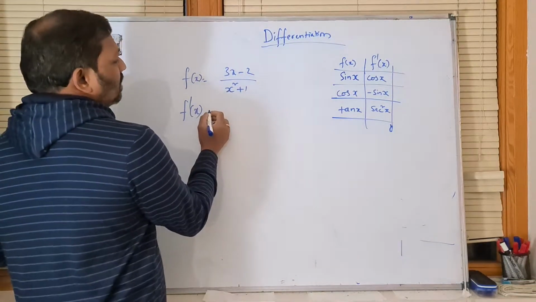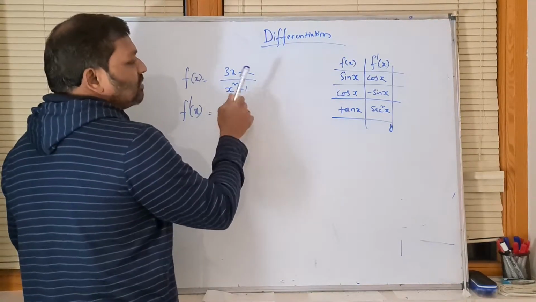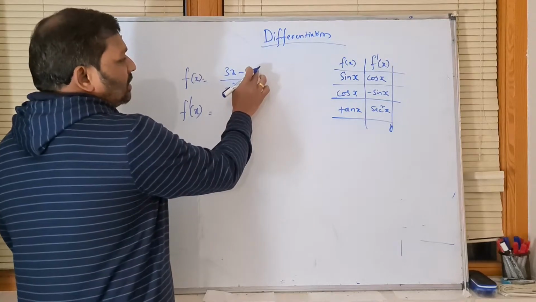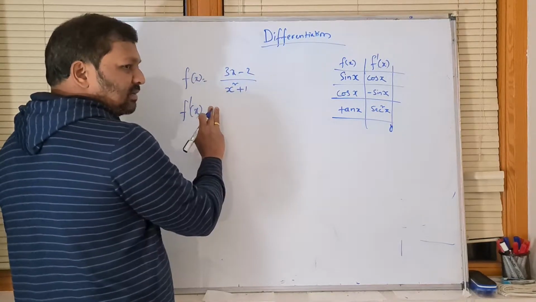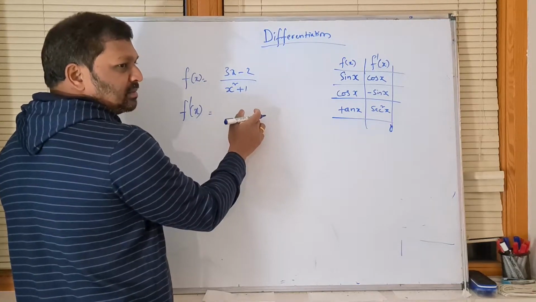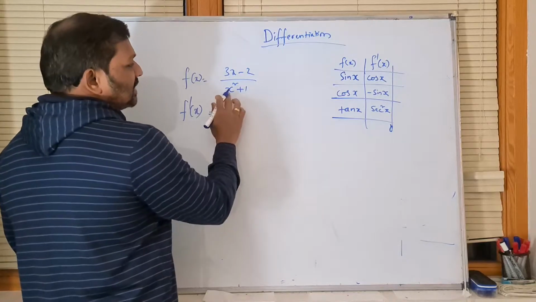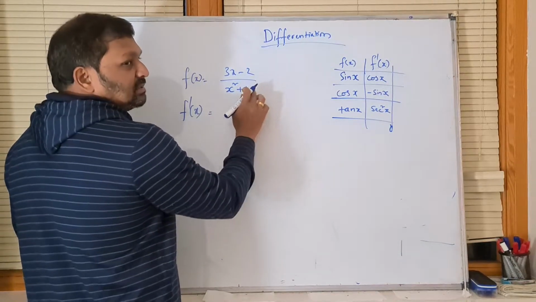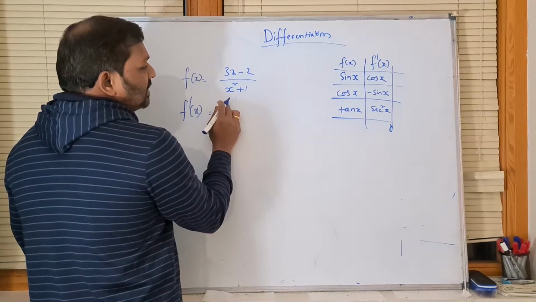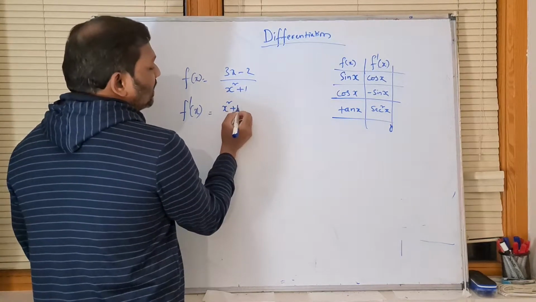So what is the formula? If some function is in this format, u by v, of course this is all a function of x, but it can be broken down into a numerator and a denominator. The numerator is a function of x, and the denominator is also a function of x. In such a case, assume this is u, assume this is v. So the formula is v, that is the denominator, times the differentiation of u minus u times the differentiation of v.